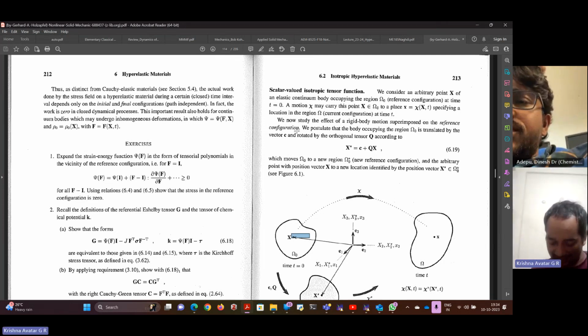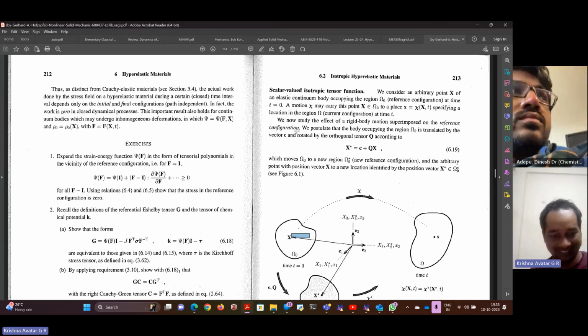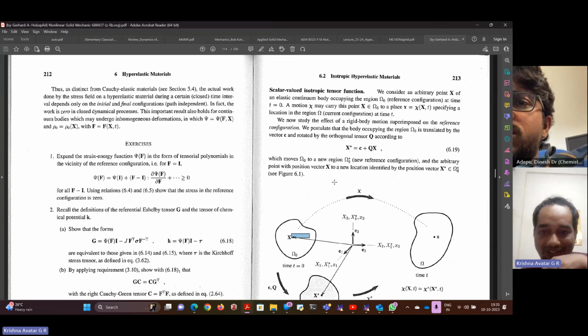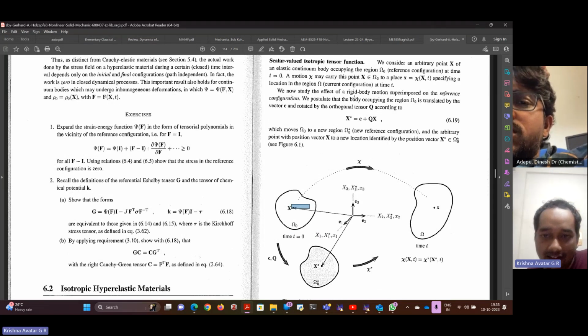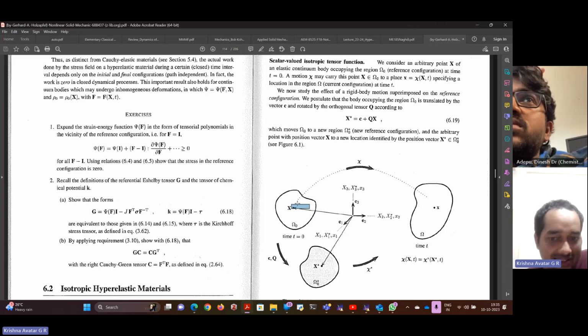So actually, that's why I said I think I was making something wrong here. I was going in the wrong direction. So what we do is we now superimpose a rigid body motion on the reference. We postulate that a body occupying region omega naught is translated by the vector C and rotated by an orthogonal tensor Q. So now you are actually doing a superimposed rigid body motion on the reference frame itself.